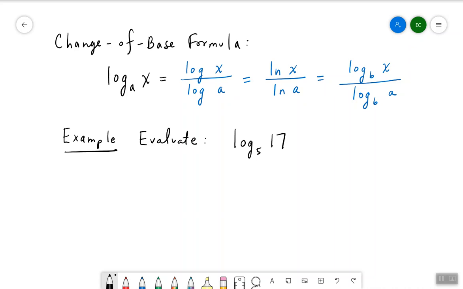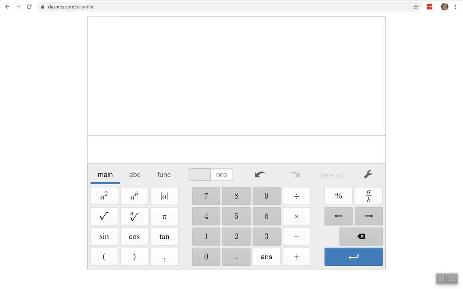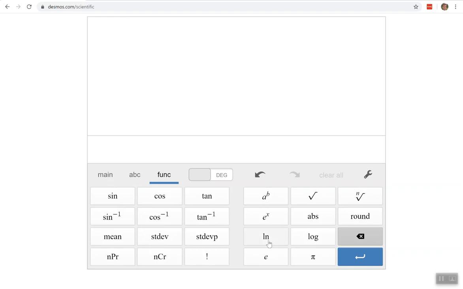The answer is not an integer, but in order to put that into the calculator, we need to convert it to either a common log or a natural log. So maybe if you didn't notice that before, let's just look right now. On your calculator, you'll have a button for a natural log, for a base e, and also for a base 10, but not for any other base.